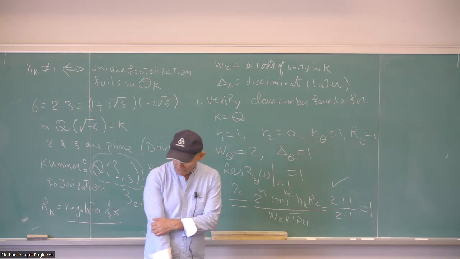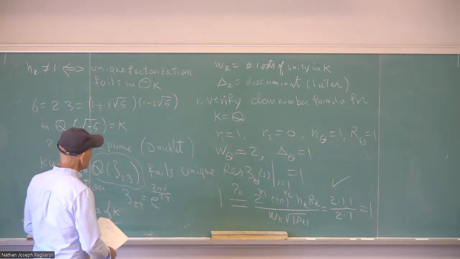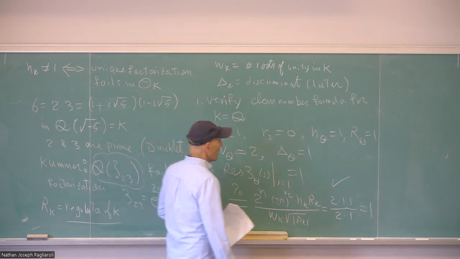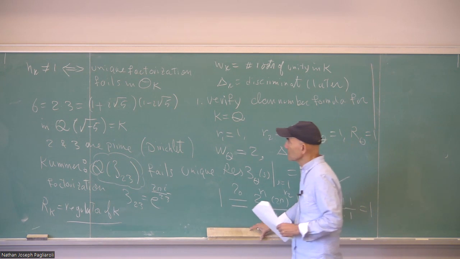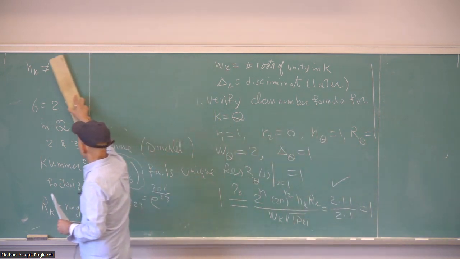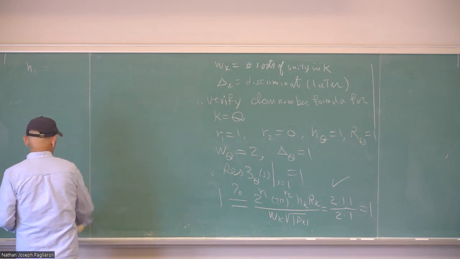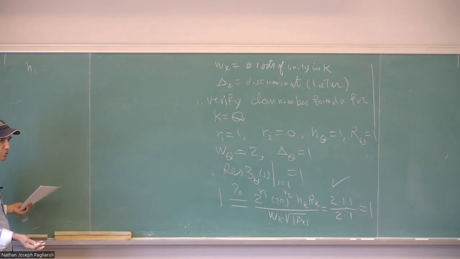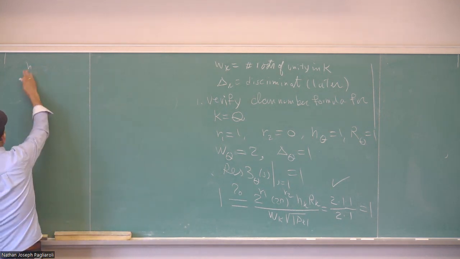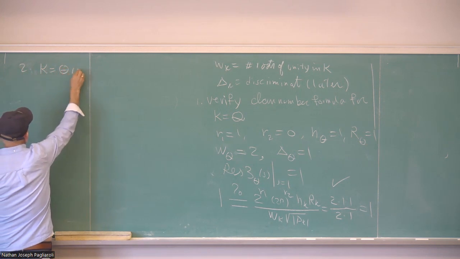All right, so now let's look at the next case, which is hopefully more interesting and definitely is more interesting. The case of K equal to Q(i).